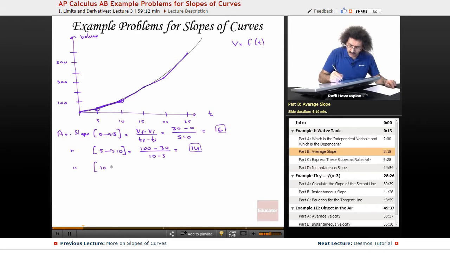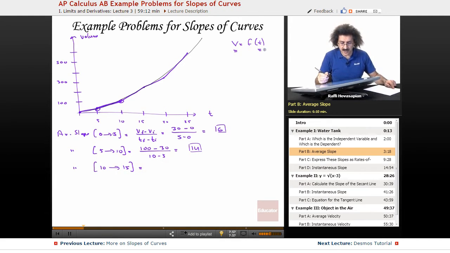The average slope from 10 to 15, I take a look at the y values and I divide by the difference in the time values. It's going to end up being 220 minus 100. 220 is the y value at 15. 100 is the y value at 10. Over 15 minus 10.